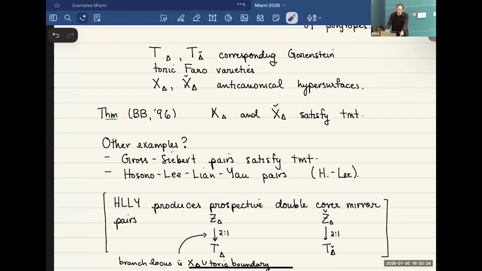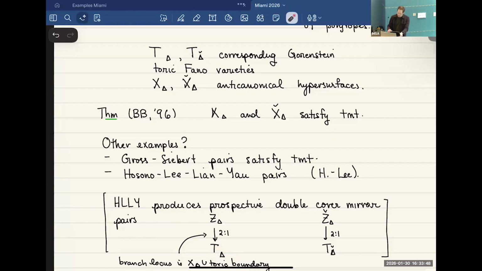This is a much more recent construction, which maybe I'll spend a little bit of time talking about here. It's related in spirit to the Batyrev-Borisov construction in the sense that it starts with these toric varieties T delta and T delta check. Attached to two reflexive polytopes delta and delta check, you take a double cover.